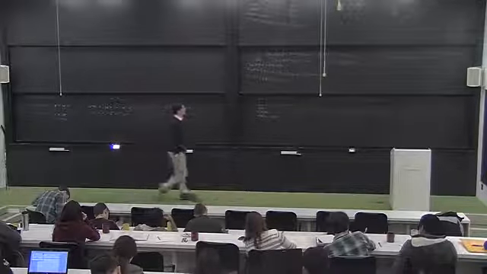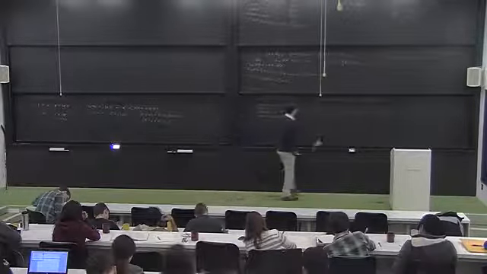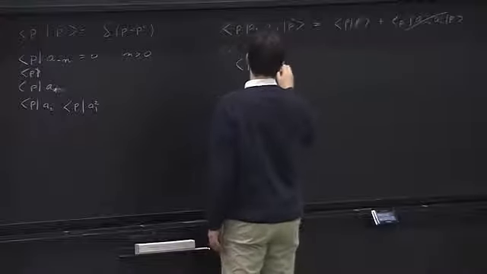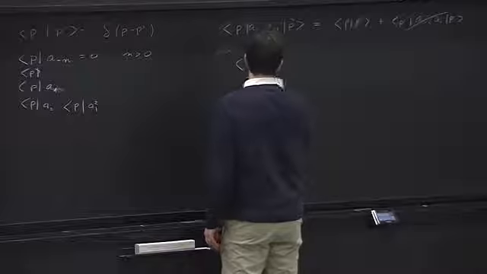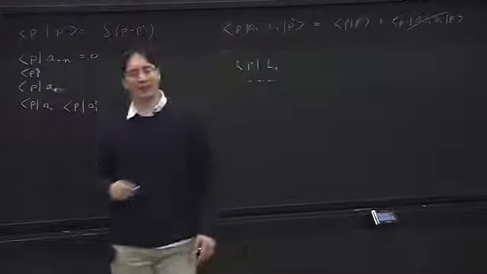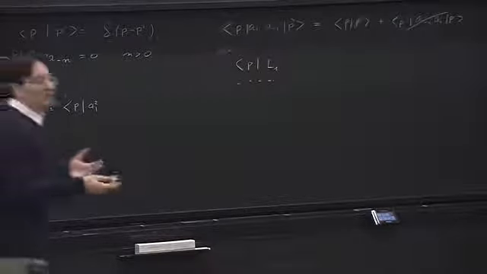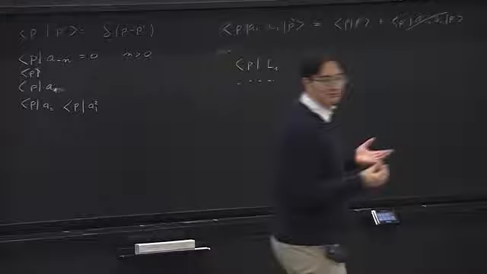Now, of course, you can also build your bras by acting with your L's. But funnily enough, from the point of view of the Virasoro algebra, it's not immediately evident that your inner product is going to be positive definite.